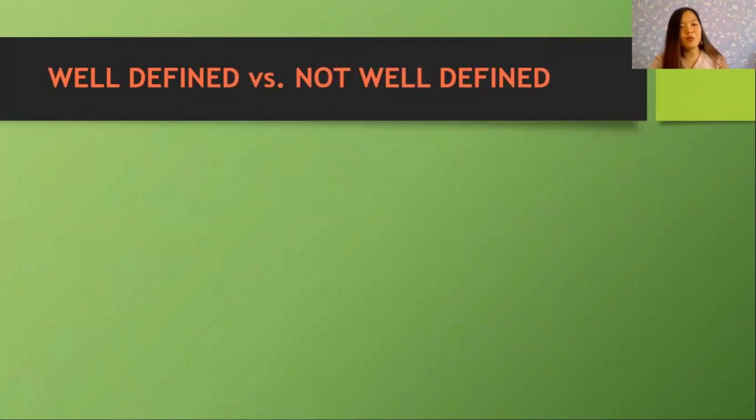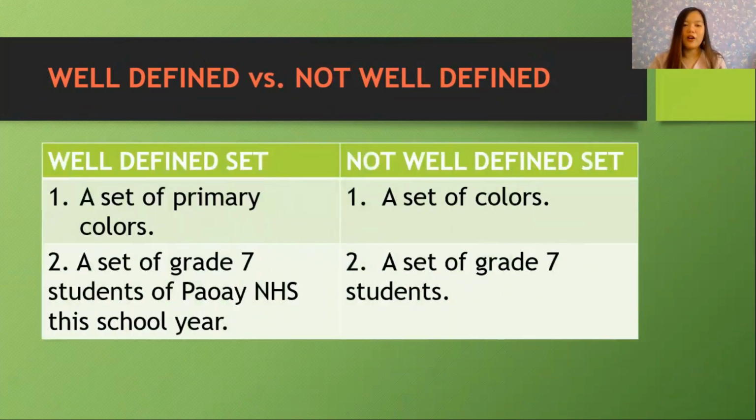Okay, eto na. Well-defined versus not well-defined. Para malaman nyo kung ano yung pinagkaiba, let us compare them. Example in number 1, the set of primary colors, it is well-defined kasi there are only 3. While the not well-defined set, in the other part, we have a set of colors.